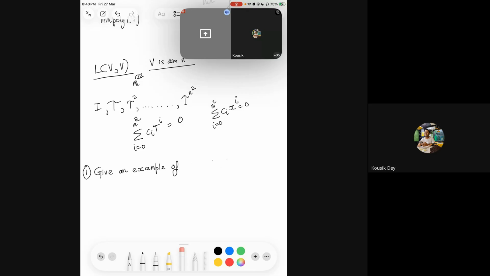Give an example of a linear map T from V to V, where V is infinite dimensional, which has no non-zero annihilating polynomial, since Kaushik just now proved that in finite dimension there will always be a minimal polynomial.